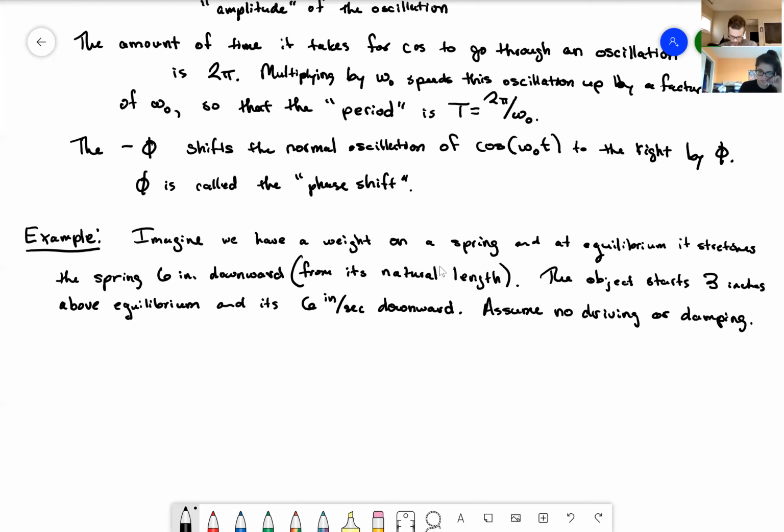Or simple harmonic oscillator. This is, of course, a little bit of a deviation from the real world. We're not applying any external driving force, but there's always a damping force, because even if we had a perfect spring and a perfect object bouncing up and down, eventually it's going to stop. And the damping force is the reason for that.